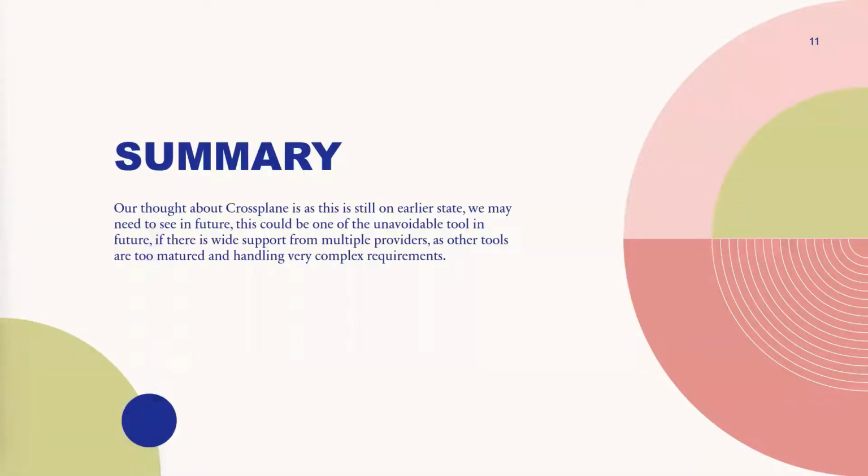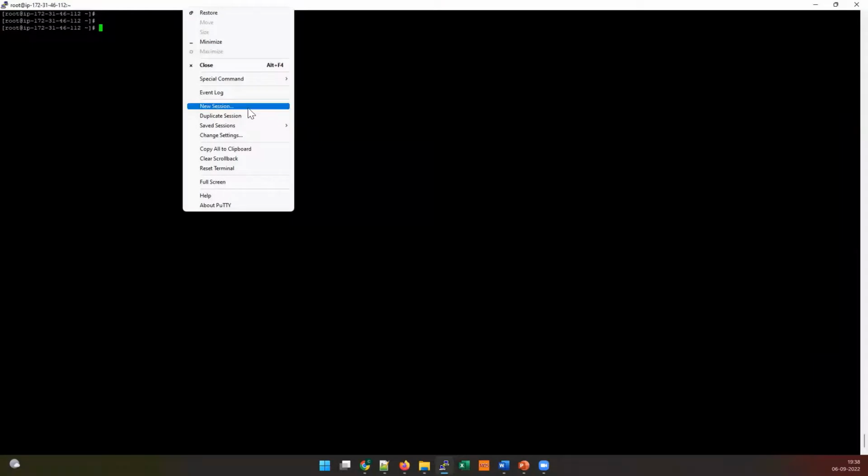I'm going to follow the same document to install Crossplane. So let me log into my cluster quickly, and also I'm going to change the font as my font is too small. Let me change the font first. All right, so this should look good.